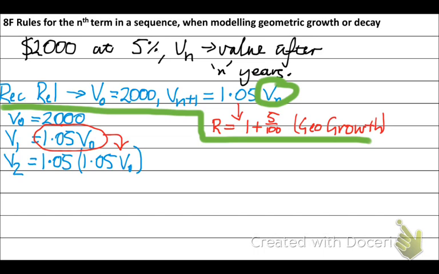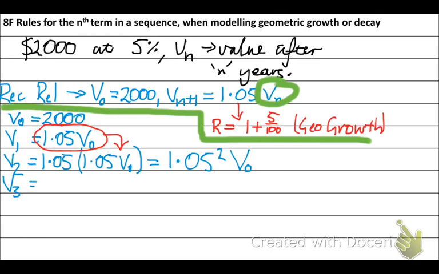So V2 is 1.05 times 1.05 V0, and if we expand it, that equals 1.05 squared times V0.